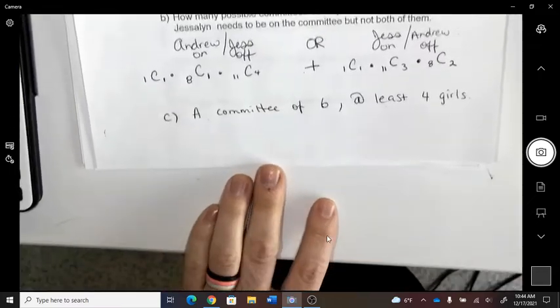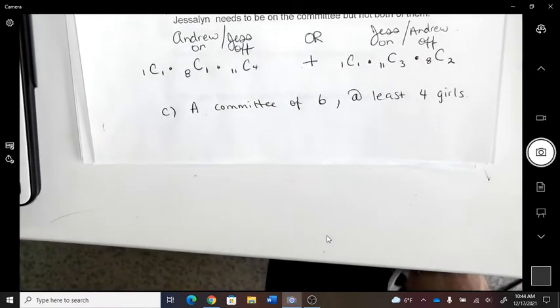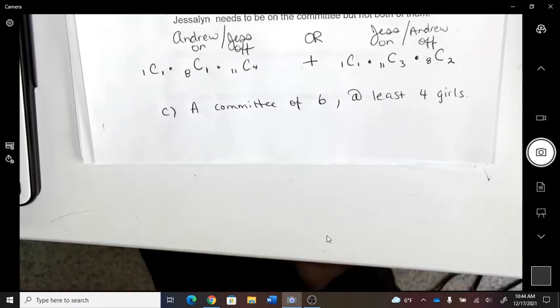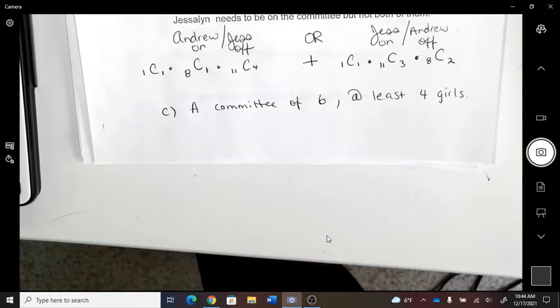If you have to make a committee of 6 and you have to have at least 4 girls, what would you do? How would you do a question like this? So you have to have a committee of 6 and there has to be at least 4 girls on there.